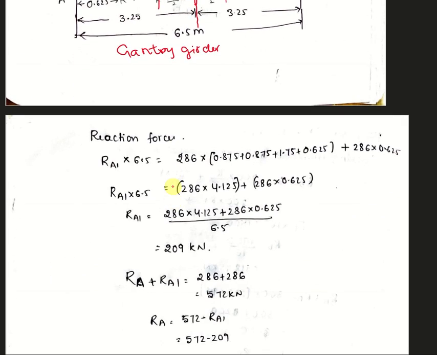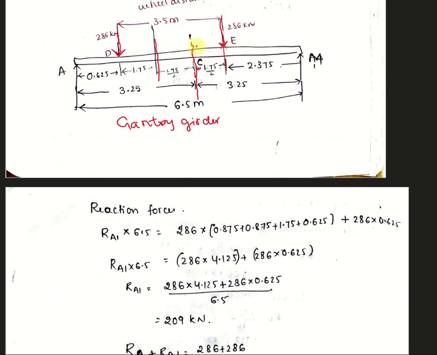Okay. So now we have to find the reaction forces, considering it as simply supported. So we have to calculate the reactions RA and RB. We have to consider the moments. Sigma MA is equal to 0, just like we calculated in the previous case. This is RA1, let me say, because we have taken that there, right? RA1 into 6.5 is equal to 286 into this distance.